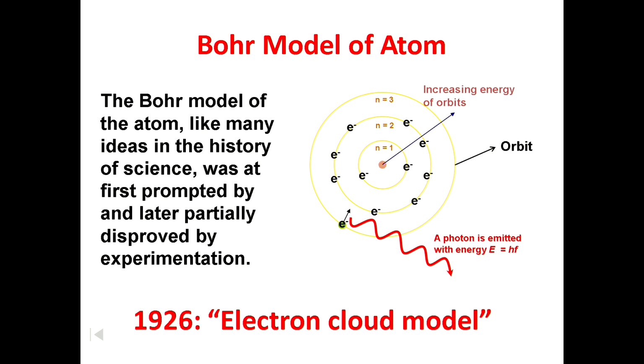And also, if the electrons are close to the nucleus, they have low energy. If they move outside, they will have high energy. So this is why the atom can emit light.